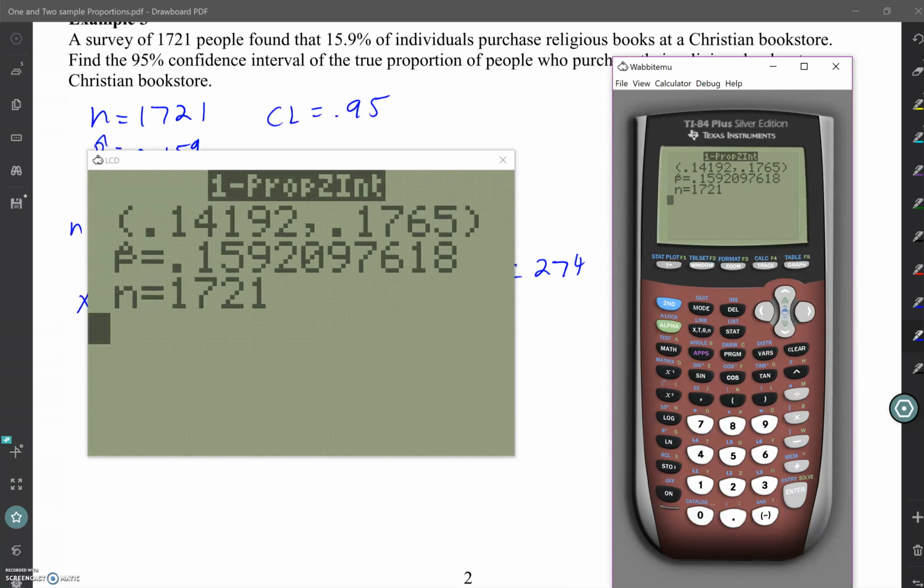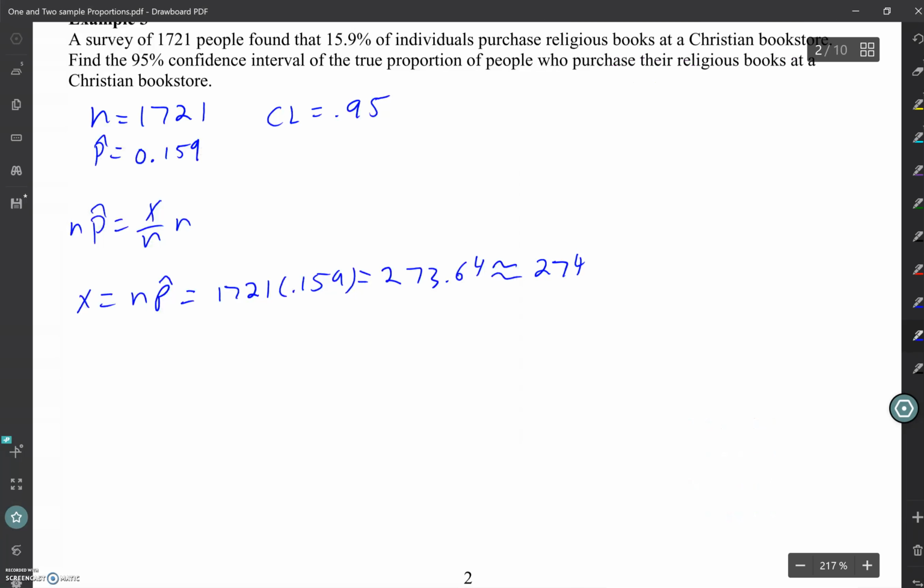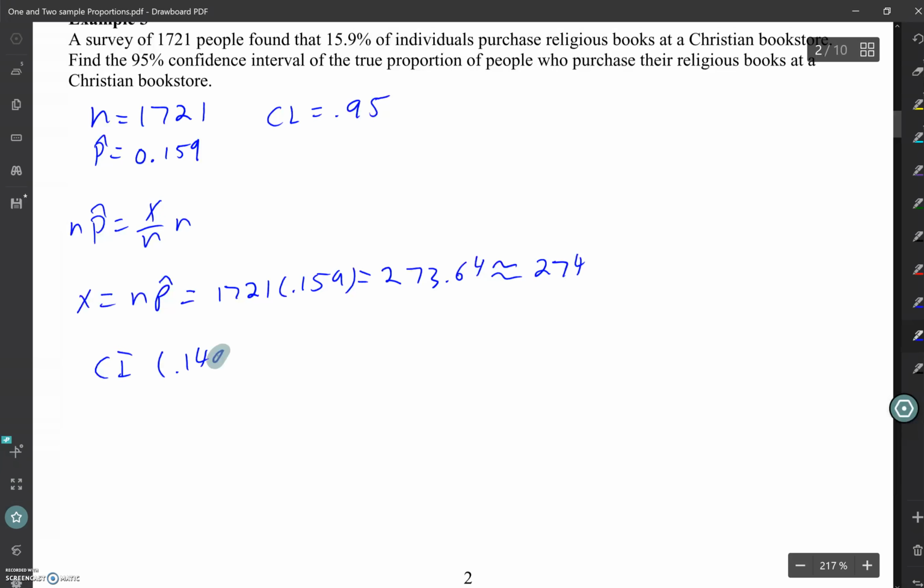All right, let's calculate. And it tells me that I am between 0.14192 and what was the upper? 0.1765. All right, so that's my interval.